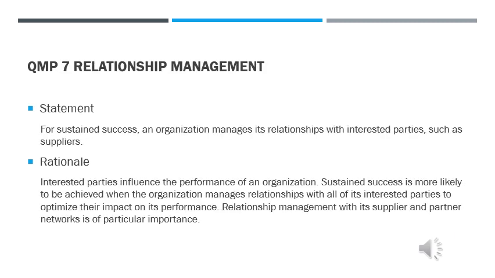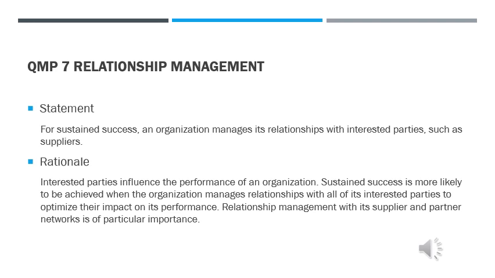So the next is the QMP7, which is the relationship management. So the statement of it is: for sustained success, an organization manages its relationships with interested parties such as suppliers. Interested parties influence the performance of the organization.